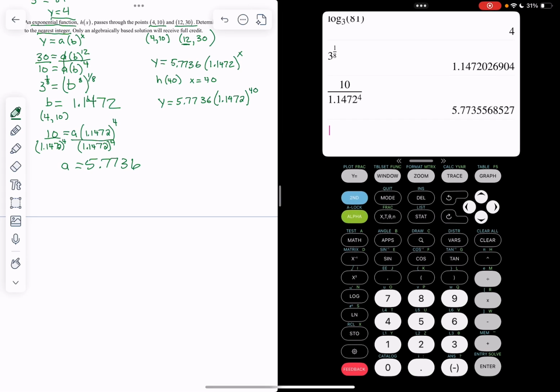Okay, so 5.7736 times 1.1472, go outside the parentheses, raised to the 40th power.